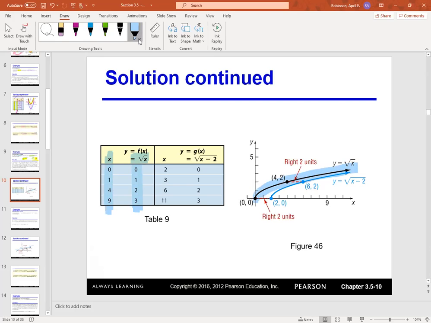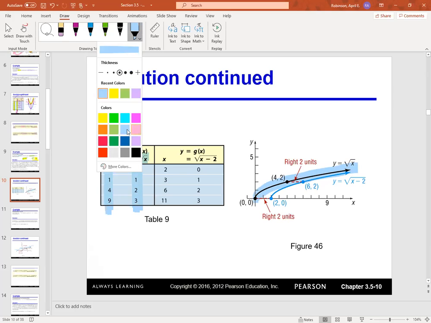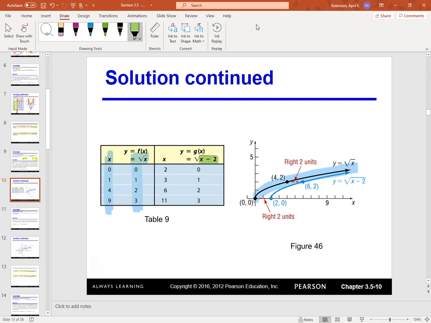However, when you put, what did I do, green before? Yep. When you put the x minus 2 under the radical, you'll notice they picked different x's here. They picked 2, 3, 6, and 11. That is because whatever you pick for x, you have to subtract 2 from it.